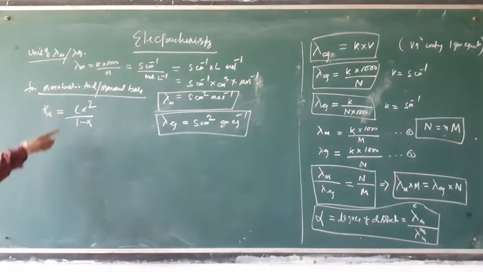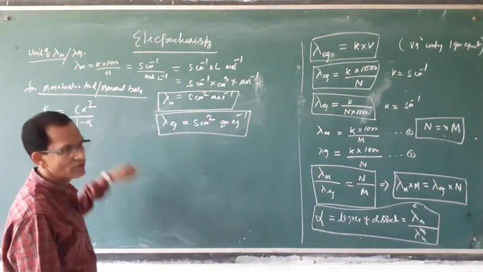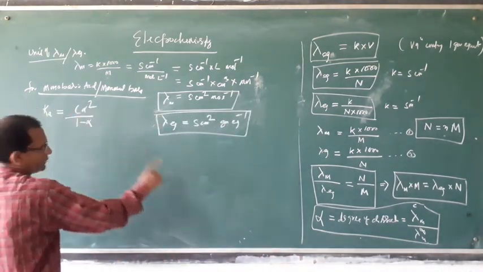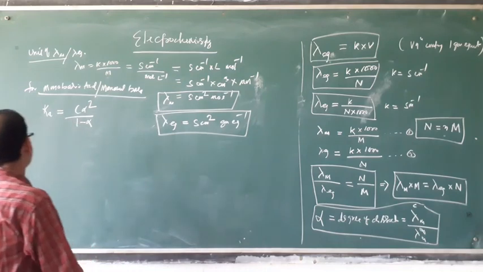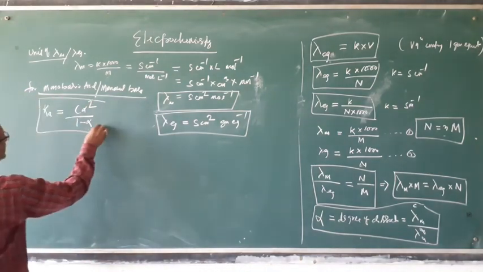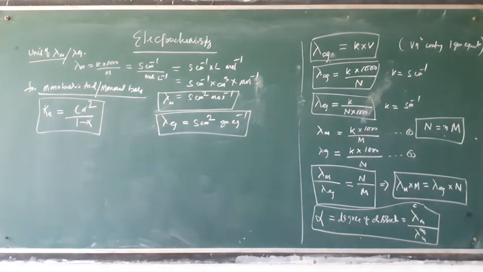What is C? C is the concentration, molar concentration, moles per liter. What is alpha? Alpha is the degree of dissociation. K is equal to C alpha square by 1 minus alpha. Okay, this is regarding equivalent conductance, molar conductance, conductivity, resistivity of the different types of solution.